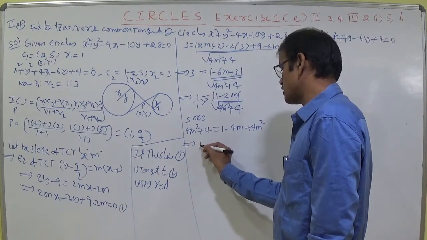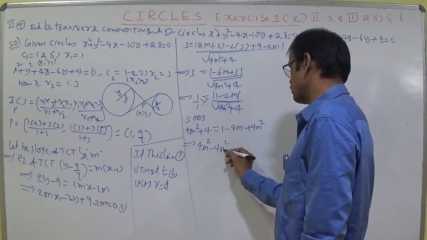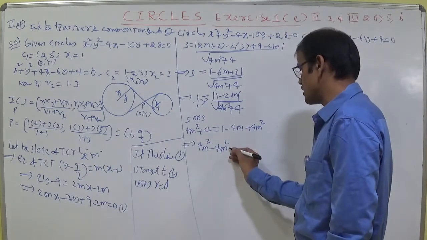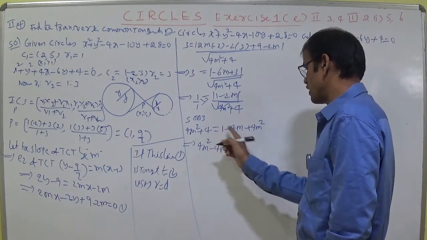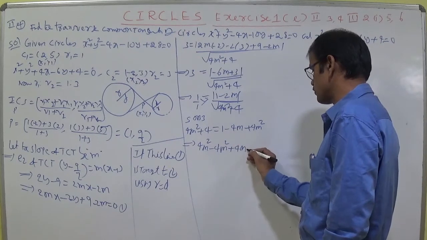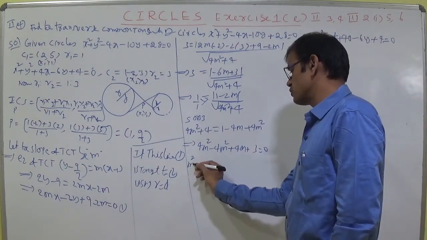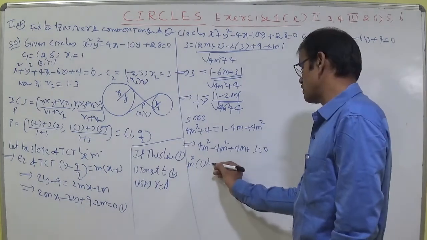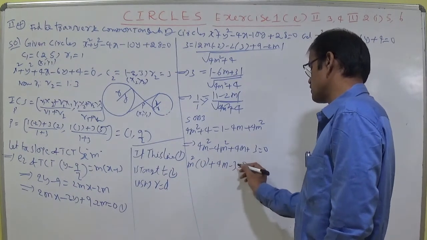Even though you get the value 0 for 4m square minus 4m square, you don't cancel it because the theory depends upon the quadratic equation. Minus 4m taken to this side becomes plus 4m, and plus 3 equal to 0. Now you should write m square into 0 plus 4m minus 3 equal to 0.